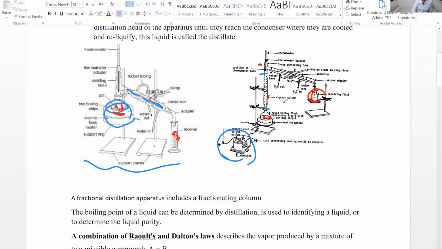If you read it carefully, it's very easy to understand with the diagram that is also shown. But you see that the apparatus and the setup are different. For fractional distillation, you have the fractionating column. I always use a utility clamp to hold the flask, but for the condenser or fractionating column, a 3-finger clamp is used to hold it.